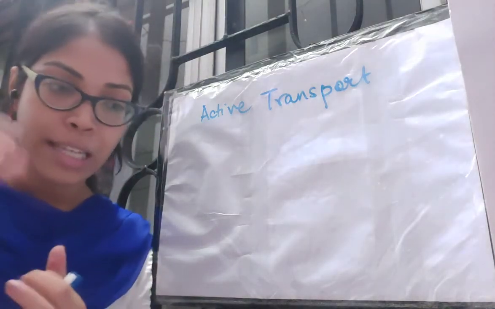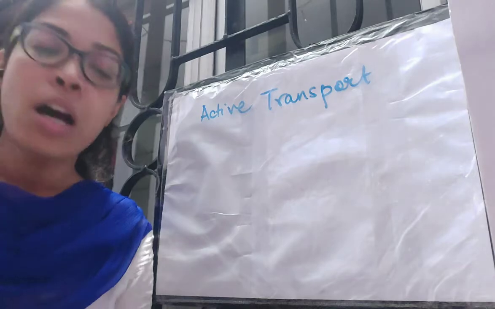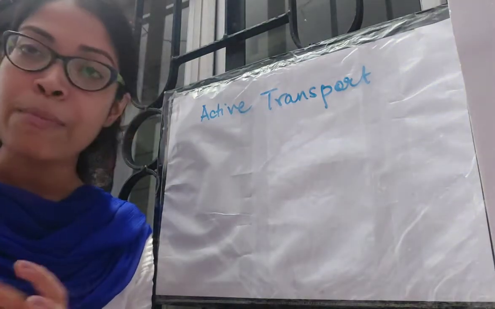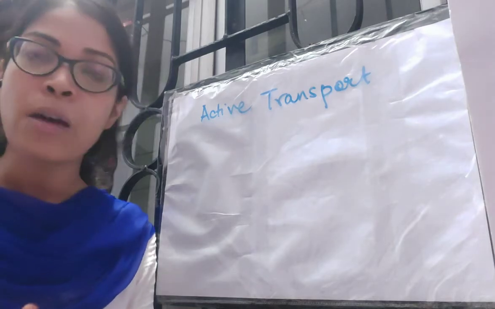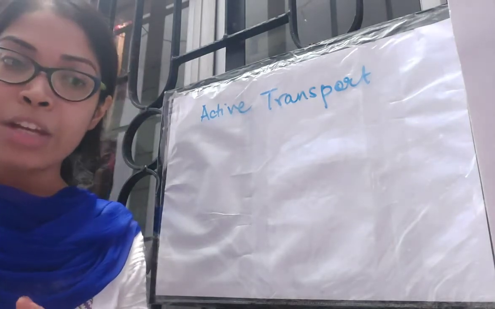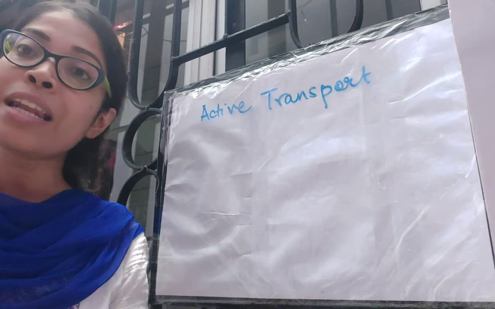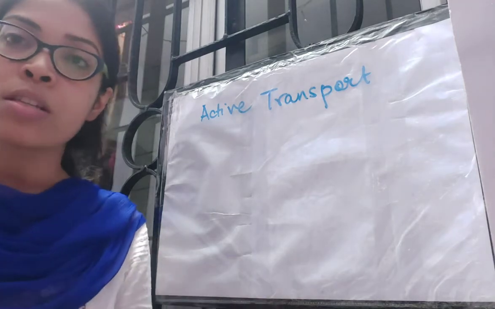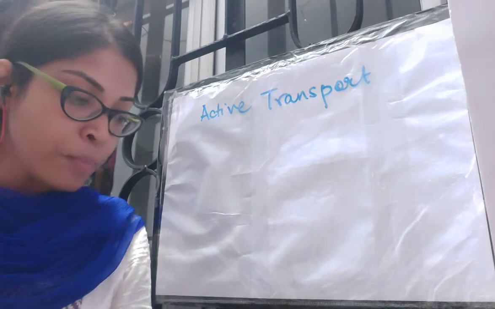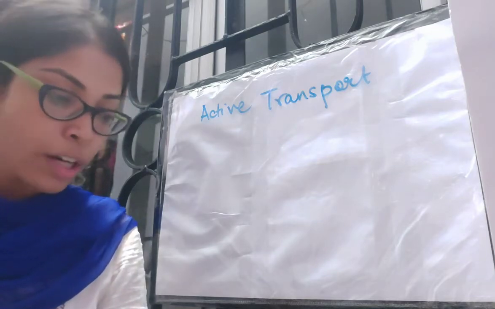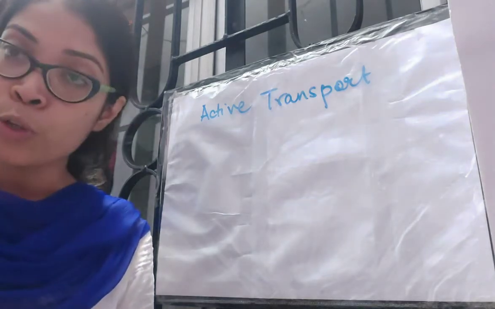So charged particles cannot move on their own across the cell membrane from one part of the membrane to the other part, and they need some external help or external energy which will help them to cross the membrane. Okay, and the second factor is that the concentration of minerals in the soil is usually lower than the concentration of the minerals in the root.